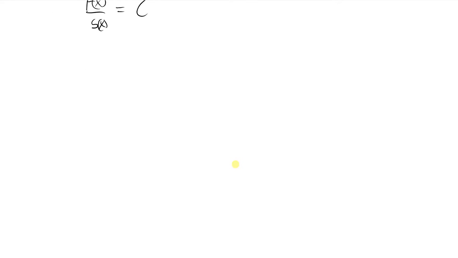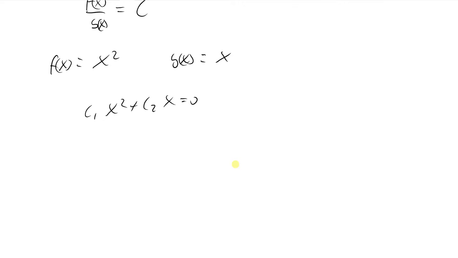So we could do an example. We have the function f of x is equal to maybe x squared, and then g of x is equal to x. So using the first test, think about c1 x squared plus c2 x equals 0.